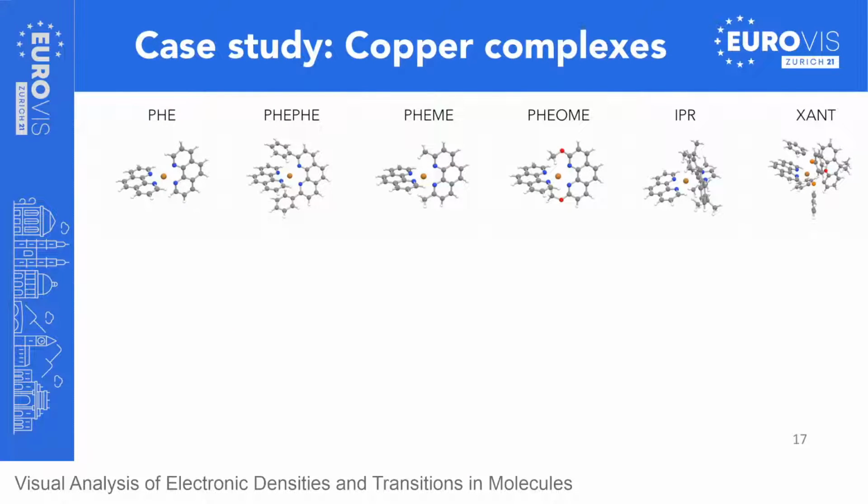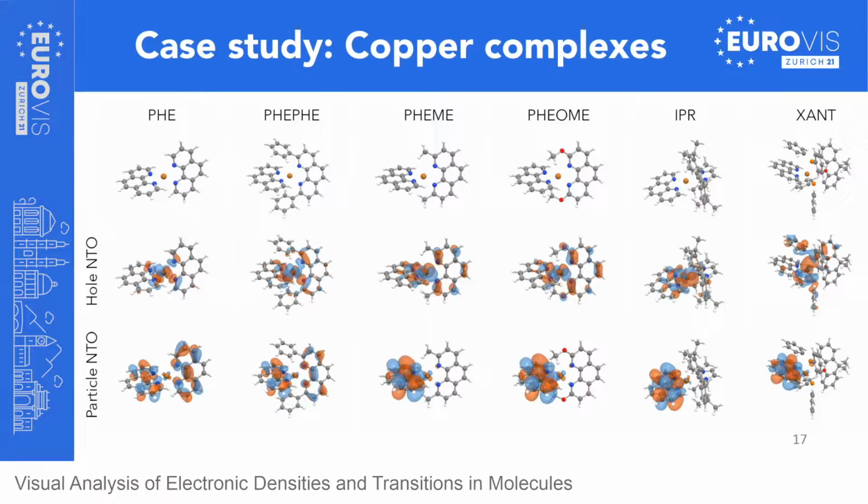We now demonstrate our pipeline using one of the case studies. So here we are given a copper complex, shown on the left, which has one ligand fixed and the other ligand which is changing. You can see on the right of each molecule the ligand is changing, while on the left the ligand remains the same.